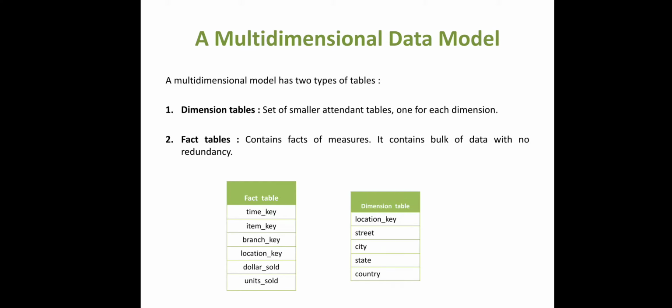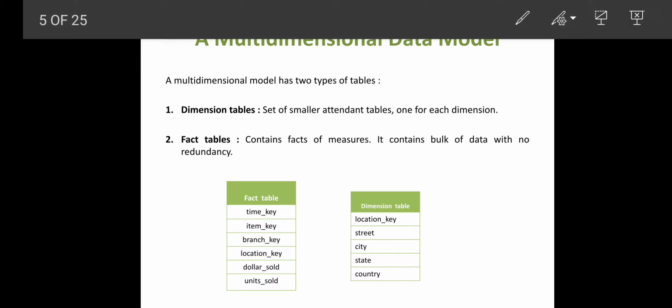So here is an example. This is the fact table, and these are the different facts we have: a time key, item key, branch key, location key, how many units sold, how many dollars sold, etc. These are our facts, and these are the dimensions. For each dimension or each entity we have a different table. For example, the location key is one of the dimensions in my fact table.